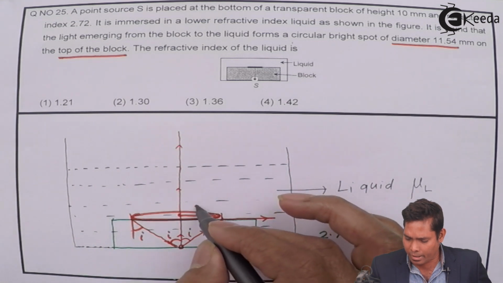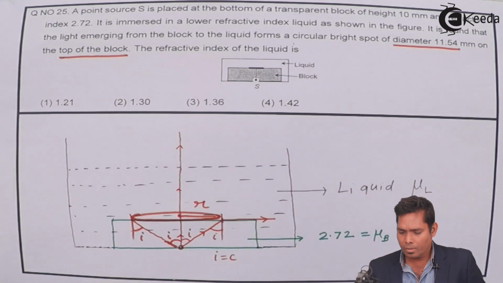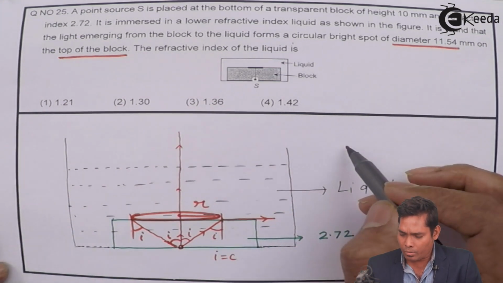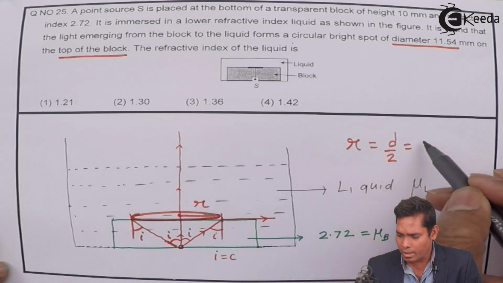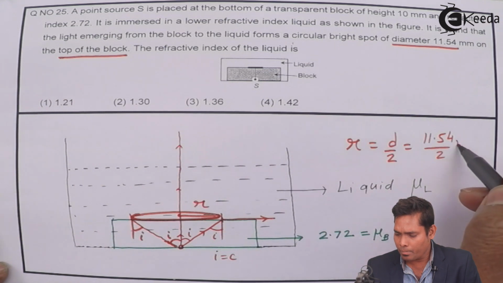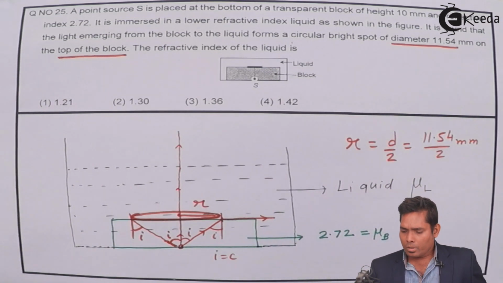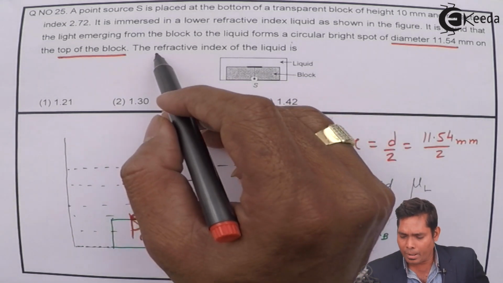Suppose that I write the radius as r. So then my r will be d over 2, which is 11.54 divided by 2 mm. If I know this radius, what we are supposed to find is the refractive index of the liquid.